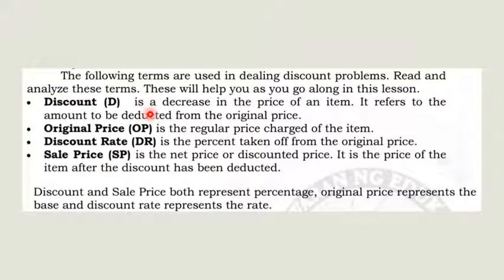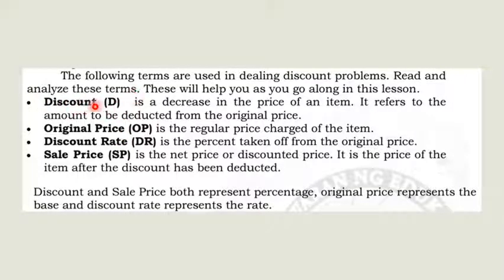And then, yung sale price naman, it is the net price or discounted price. It is the price of the item after the discount has been deducted. After nating malaman yung discount rate, i-apply natin sa original price, makukuha natin yung discount.